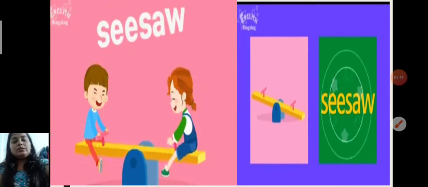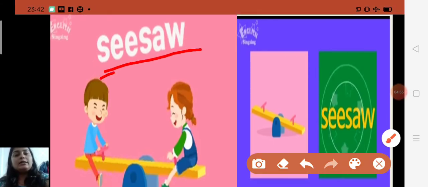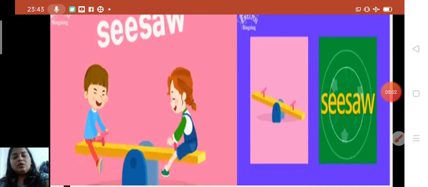Now the next one is here, seesaw. The spelling of seesaw is S-E-E-S-A-W. A seesaw is a long plank on a fixed support.